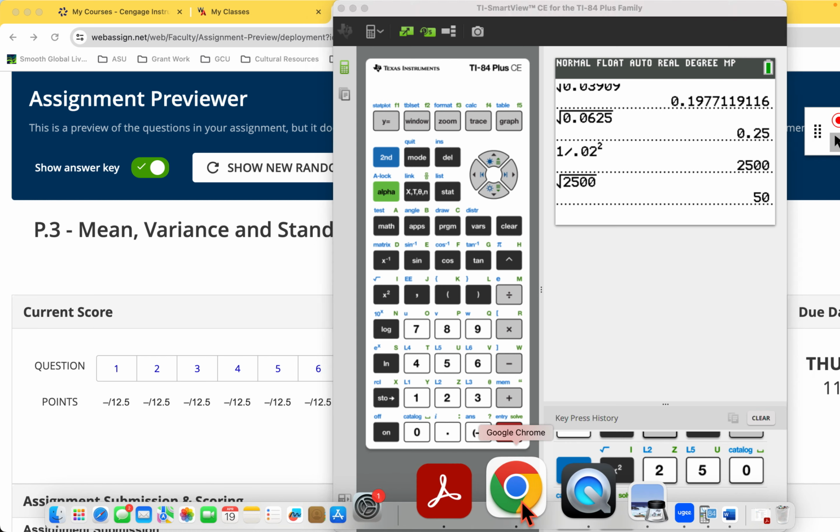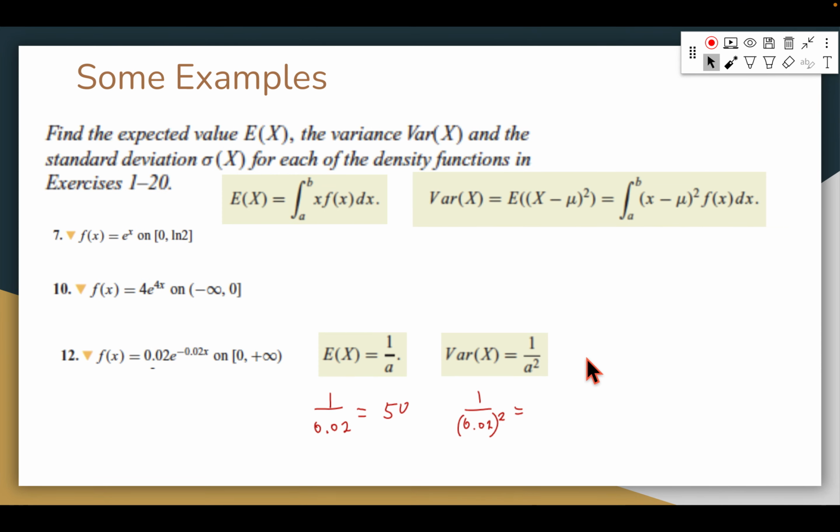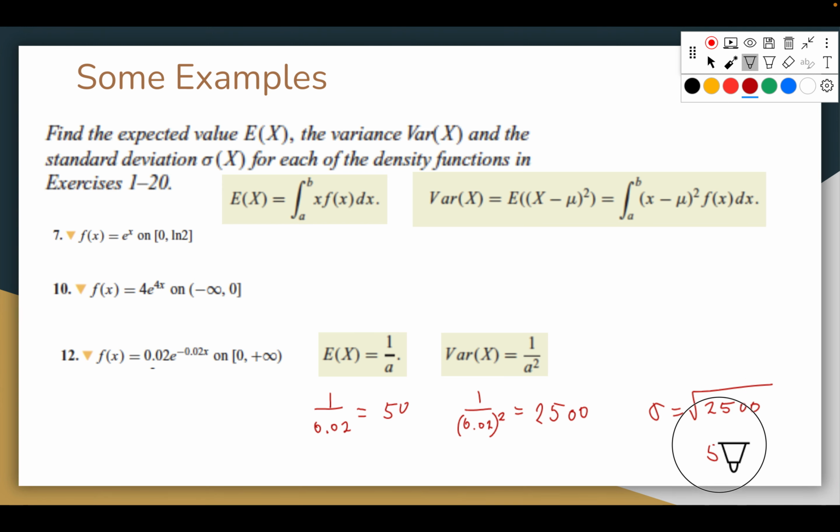So that was the mean. The variance, which we don't ever really use, gives us that. And then the standard deviation is the square root of 2,500, which is 50.